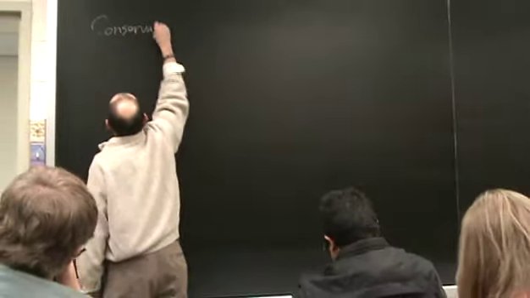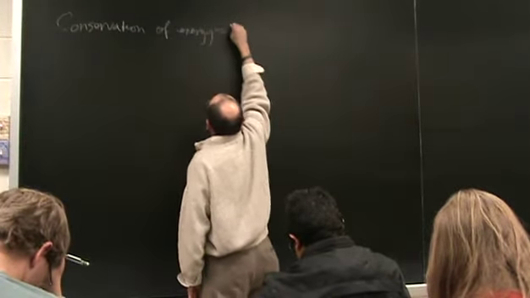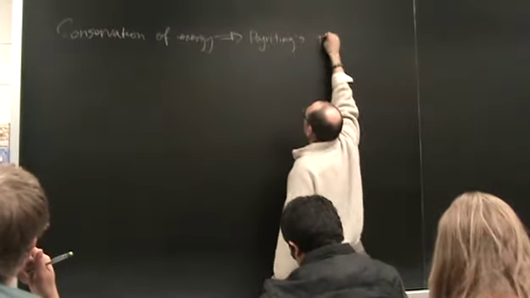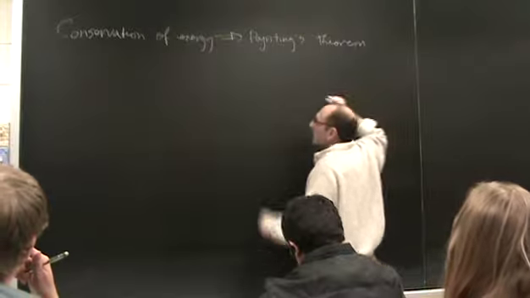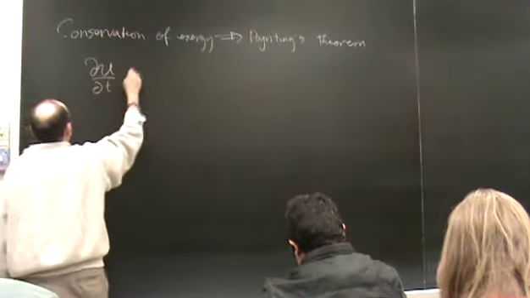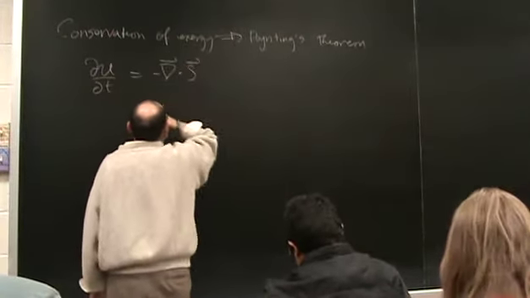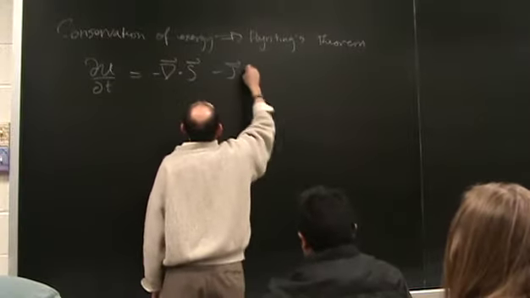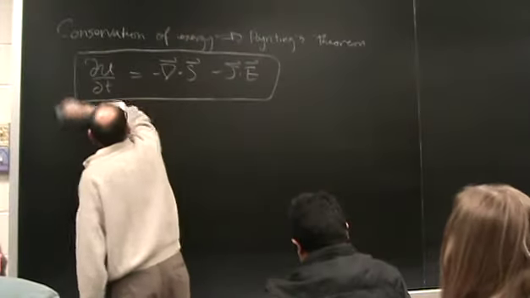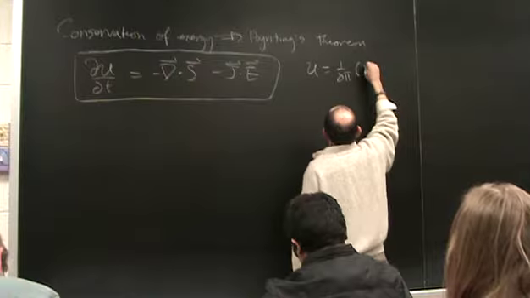Conservation of energy is known in electromagnetism as Poynting's theorem. And Poynting's theorem says that the rate of change of the total electromagnetic energy is equal to minus the divergence of the Poynting vector minus J dot E. Where u is 1 over 8 pi, E squared plus B squared.